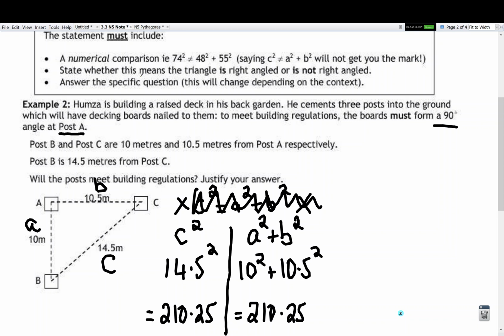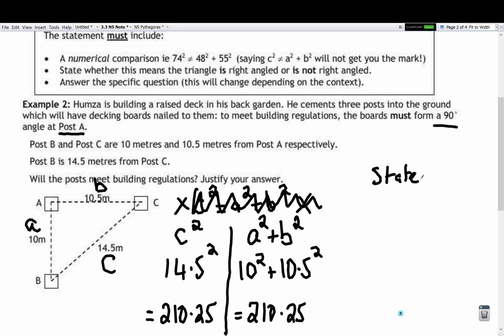You need to state whether this means the triangle is right angled or is not right angled. You need to say the words right angled or not right angled. And then you need to answer the specific question depending on the context. So, therefore it does meet building regulations, or therefore it doesn't meet building regulations. So we have all this now to put in a statement.